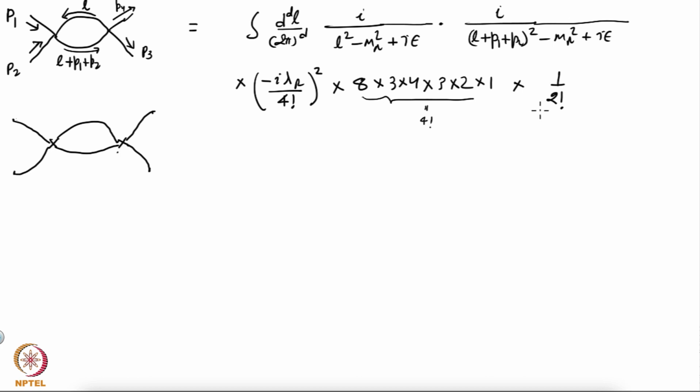So that is this factor, and now i square gives you a minus 1. This is a half here. This 4 factorial cancels that 4 factorial, so you get minus half lambda_r square, integral d^dL over (2 pi)^d.